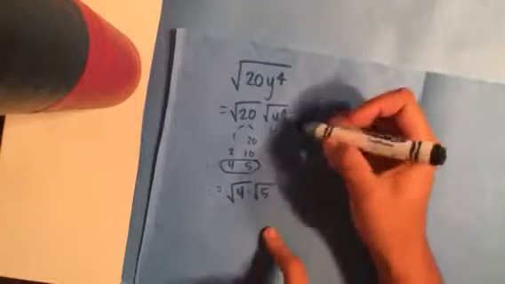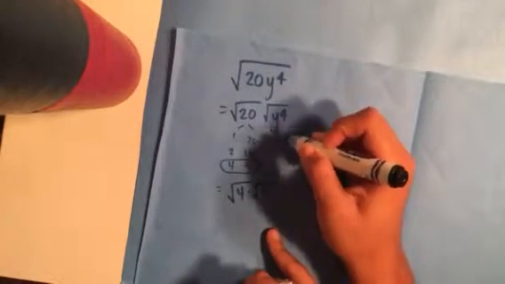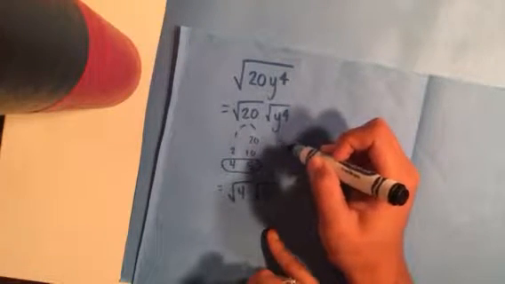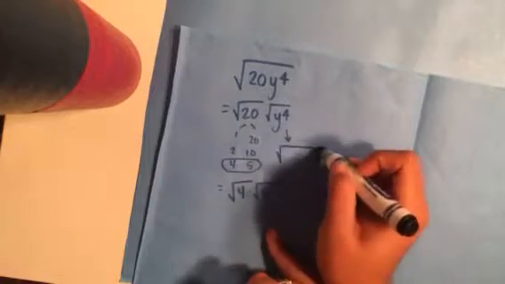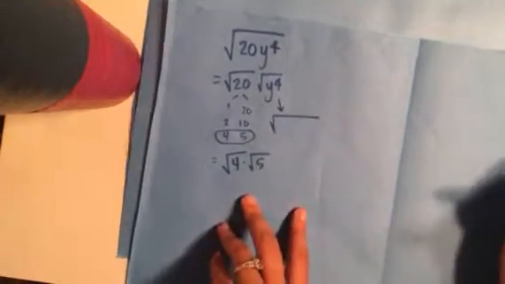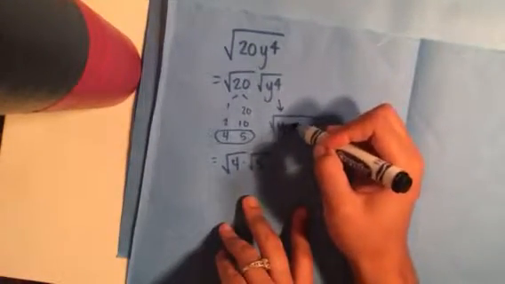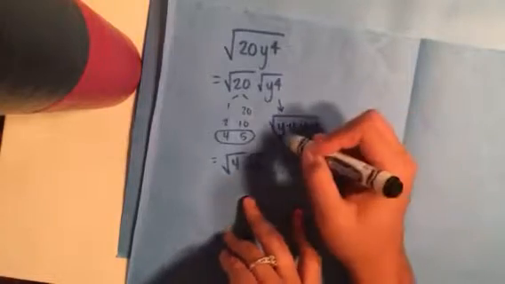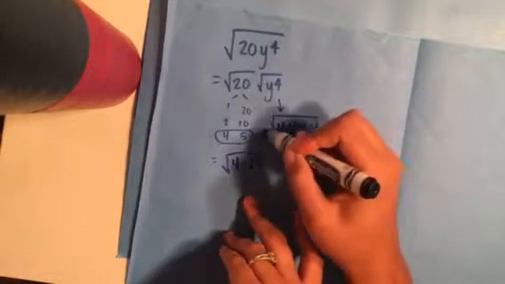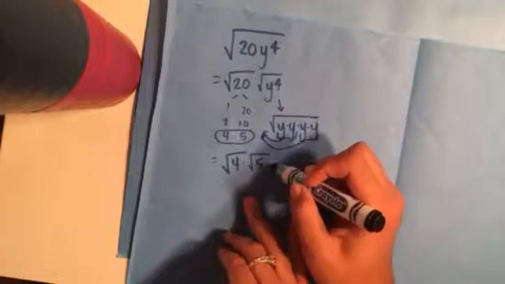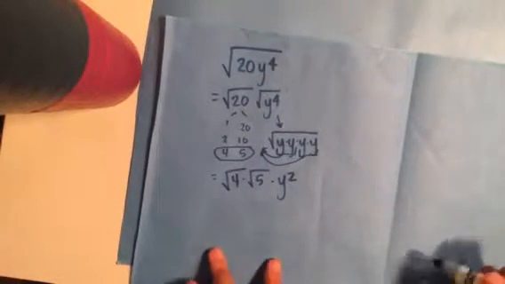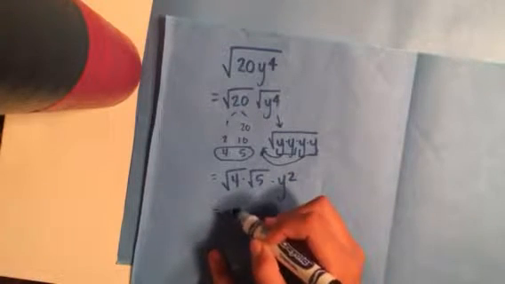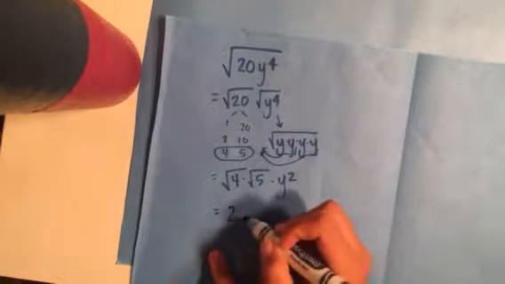And then let's go ahead and simplify this y to the 4th power. So we know that y to the 4th power is the same thing as y times y times y times y, and we see two pairs. So we'll get y squared. We can simplify root 4 a little bit.